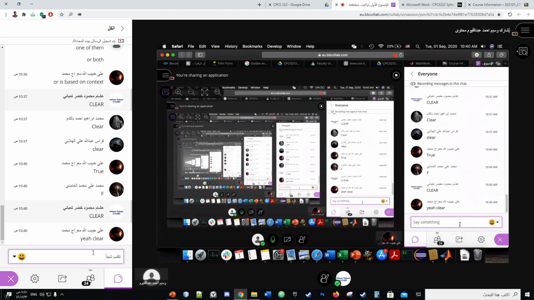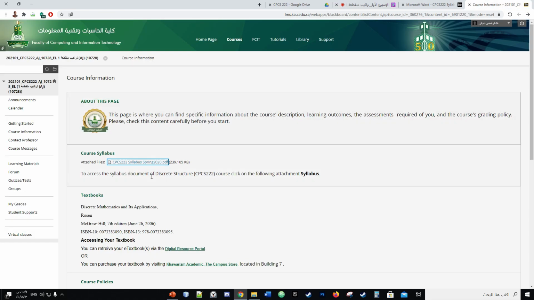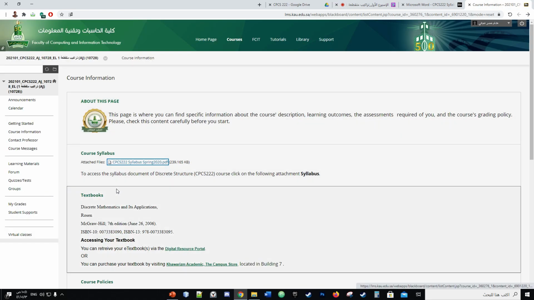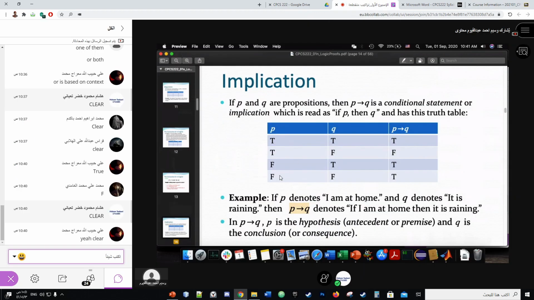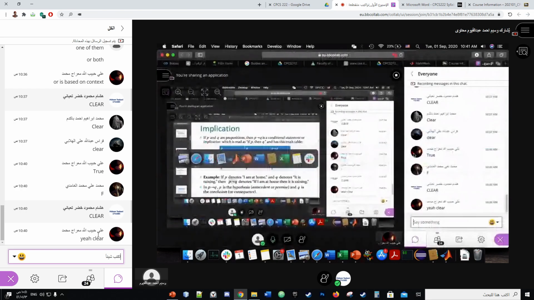As we take up more examples, it will become clear. Again, I'll repeat, don't try to understand it from the English perspective. If a statement like this is given, just use the truth table. What is the value of P, what is the value of Q, and then give the value of this.